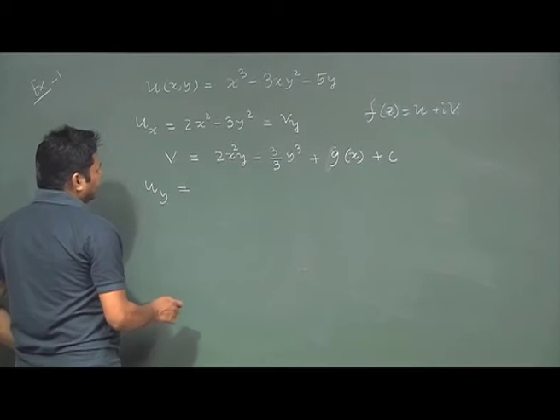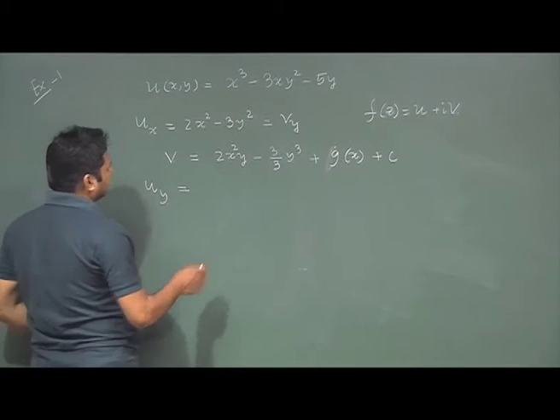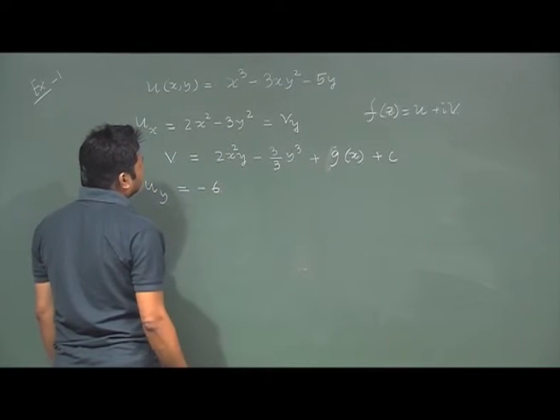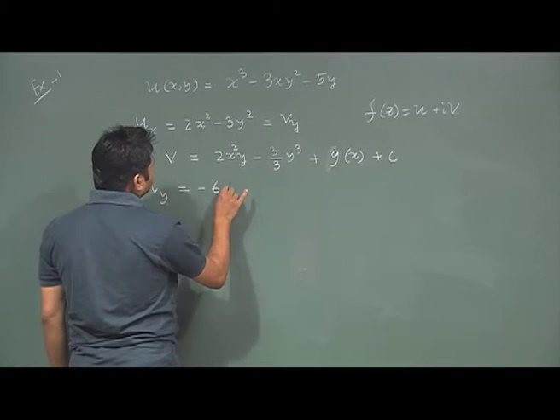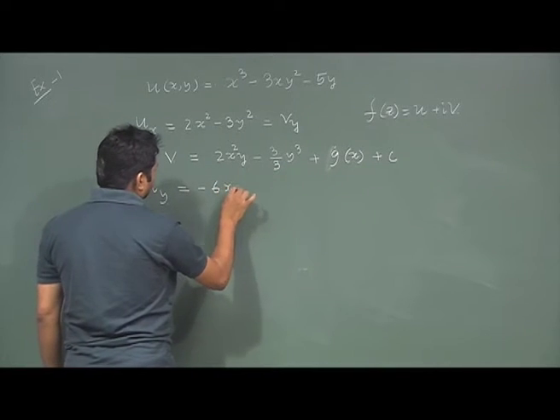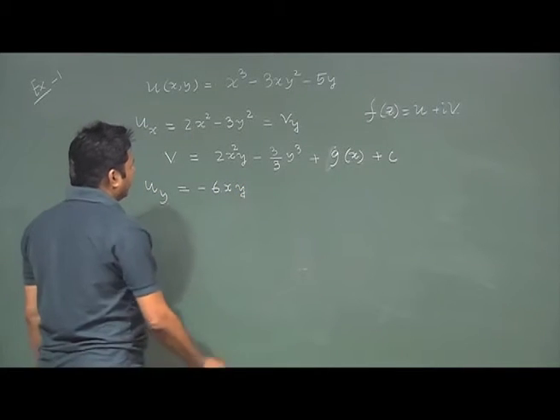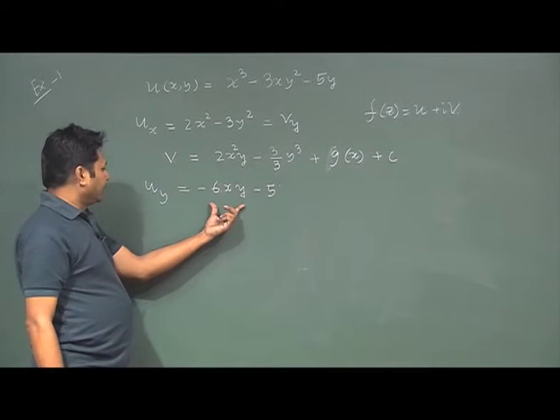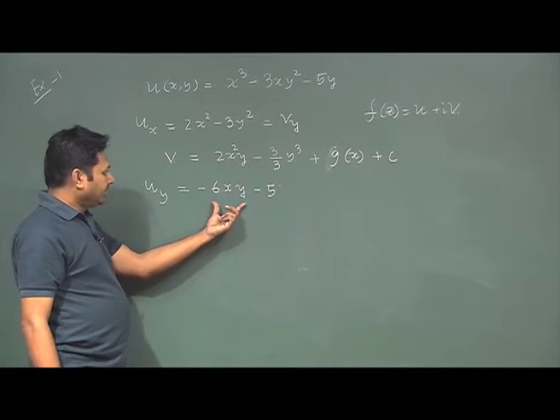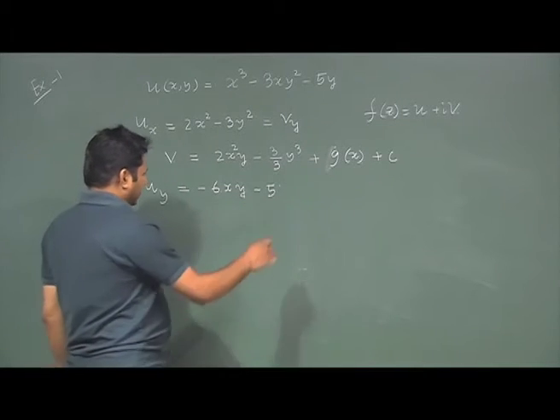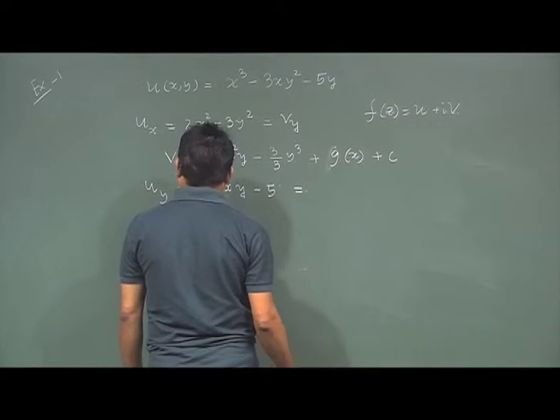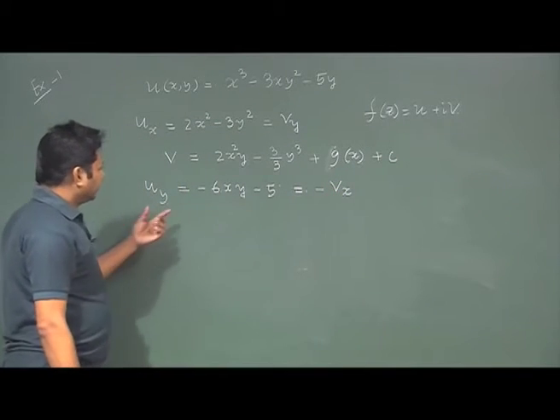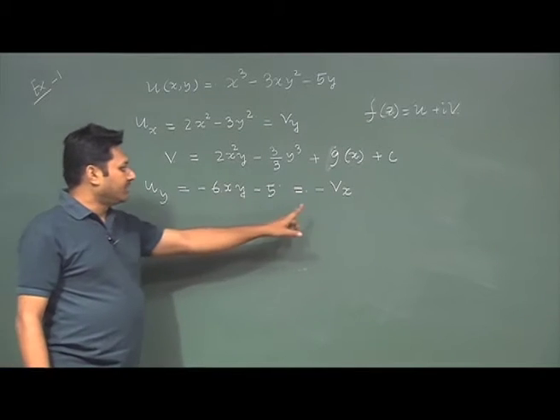So, that gives me something like, if I do the derivative here, it will be minus of 6xy minus 5, which is equal to minus of vx.